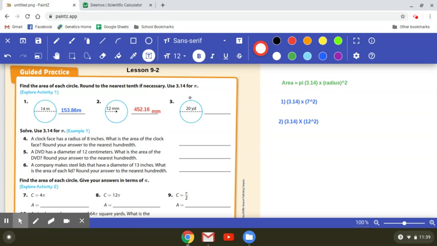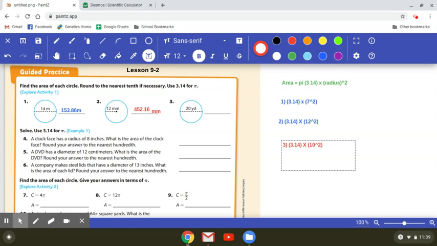All right, so number 3, it's in yards. The diameter is 20 yards. So for number 3, we're going to have to divide it by 2. We have 3.14 multiplied by half of 20, which is 10. You guys know that. So 10 squared.